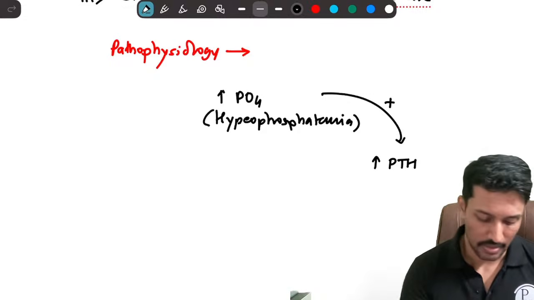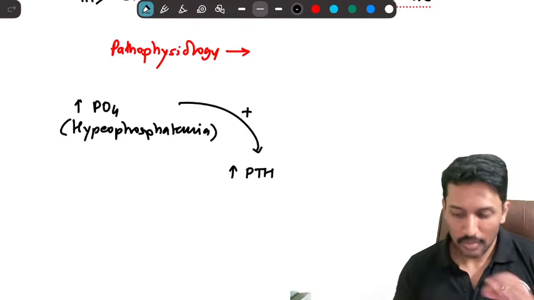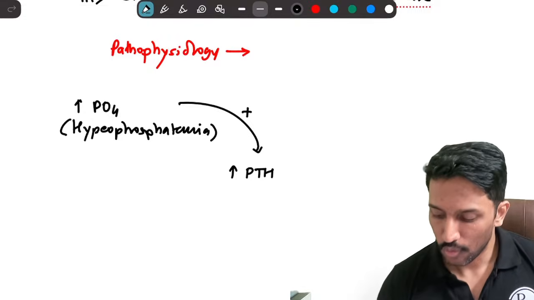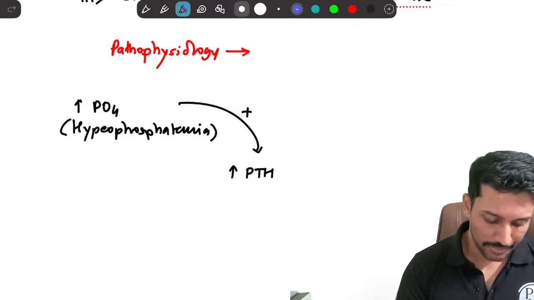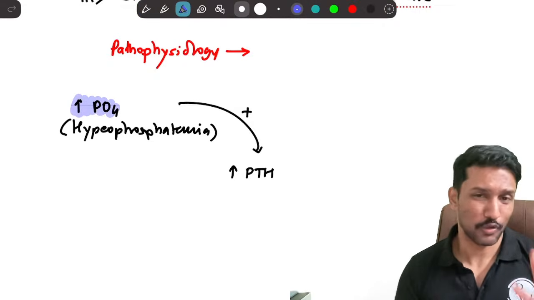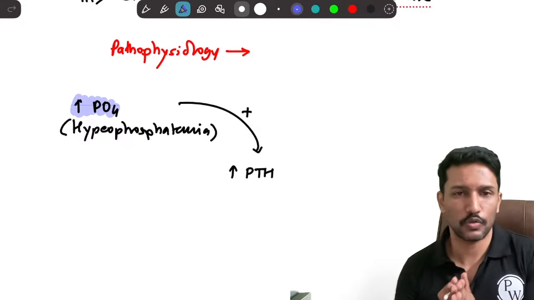Another thing happens in CKD. In CKD, the blood calcium level also comes down. Can anybody tell me why we have low calcium in CKD? Parathormone is not rising only because of hyperphosphatemia, though it is the main factor. Hypocalcemia also happens.